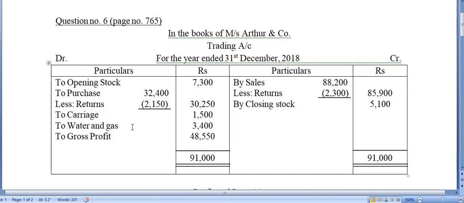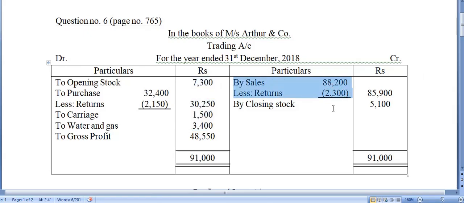Water and gas. Now this water and gas is your direct expenditure. Here it can be your fuel and power also. That is also your direct expenditure. So you will write water and gas. So you will write these items first, and from sales you will make the adjustment for the returns.